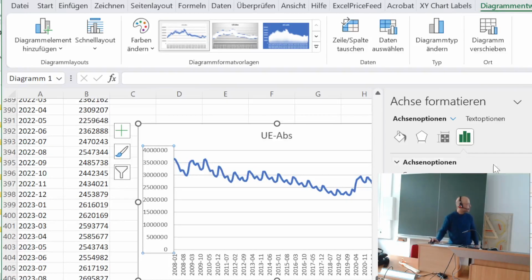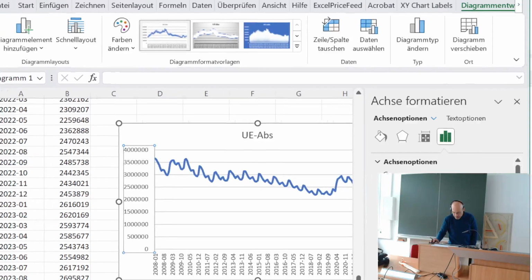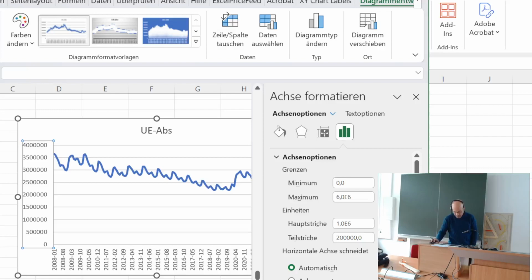This does not seem very good because you see here that I still have a 6 million. But this 6 million comes from when I had the data from 1990.